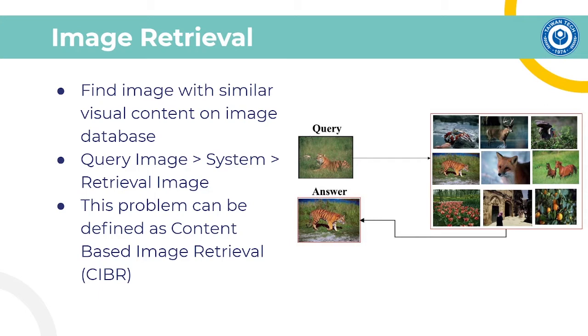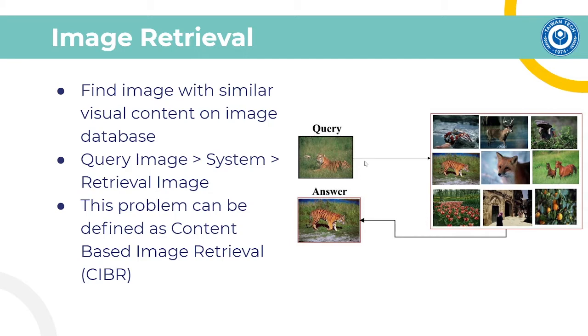Image retrieval is the problem of finding an image with similar visual content in an image database. For that task, we provide a query image to the system, and the system returns the retrieval images, which have similar visual content to the query image.